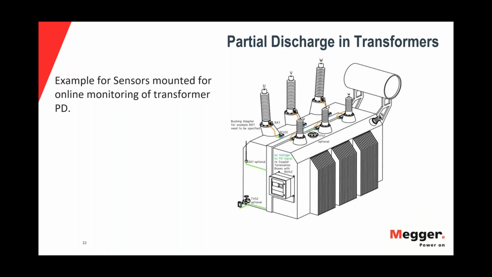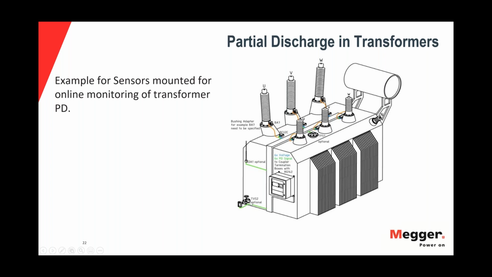Another type of sensor, a UHF sensor, can be connected, for example, at the drain valve down at the bottom of the power transformer, or a UHF sensor can be connected on the flange of the power transformer. And keep in mind that these UHF sensors, as I mentioned, don't measure PD throughout the transformer, so they can measure PD nearby that area.